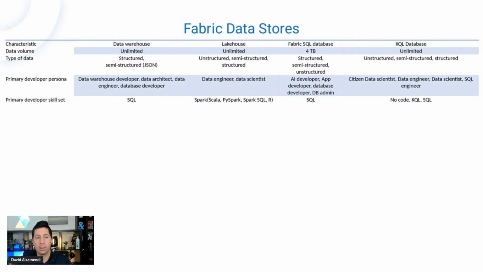Within the data warehouse, you'll be using mainly Transact SQL, the same Transact SQL that you know from SQL Server, with stored procedures, indexes, functions, and the data manipulation language. So all the things, updates, selects, inserts, merge statements, stored procs, all the things that you already know from SQL Server, are available in the warehouse as well as in the Fabric SQL database.